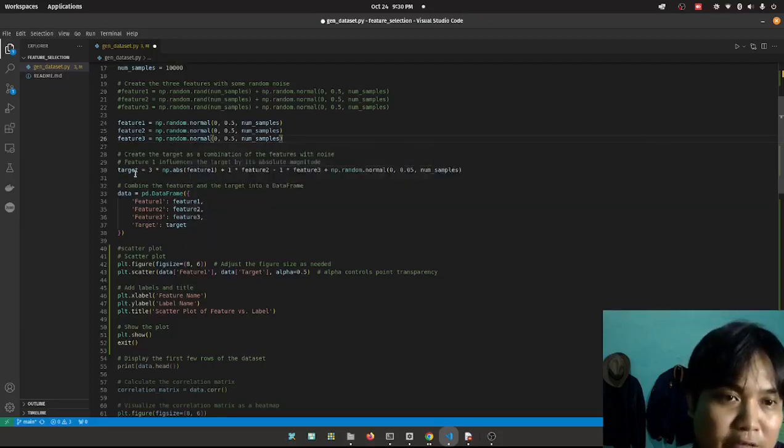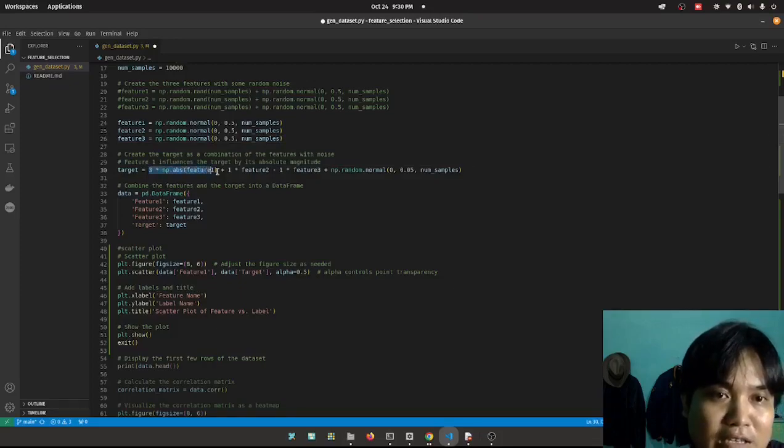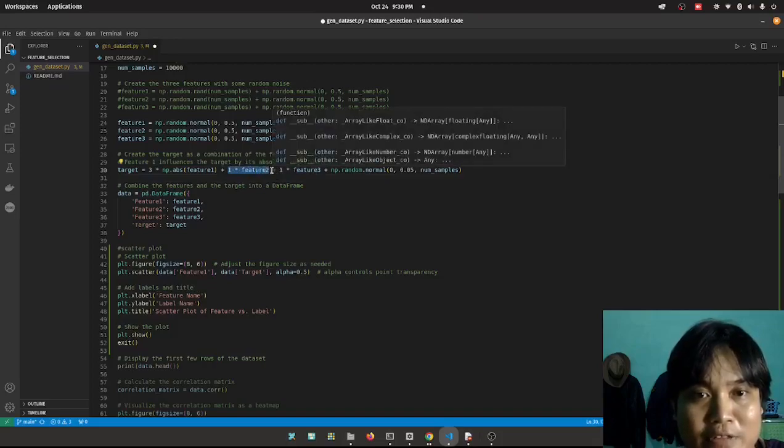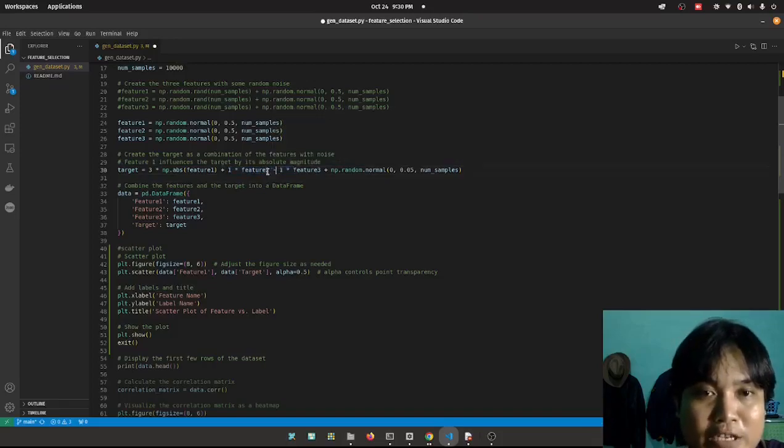For feature 1, we designed the relationship between feature 1 and the target to be an absolute value. For feature 2, it's a positive correlation, and for feature 3, it's a negative correlation, because here the coefficient is negative, and the coefficient here is positive, and here is also positive.